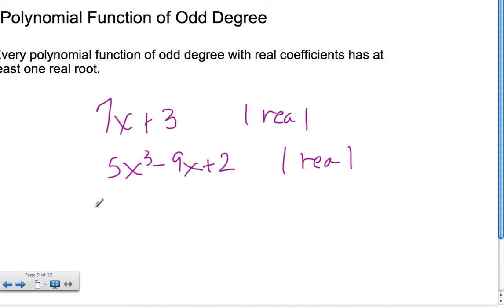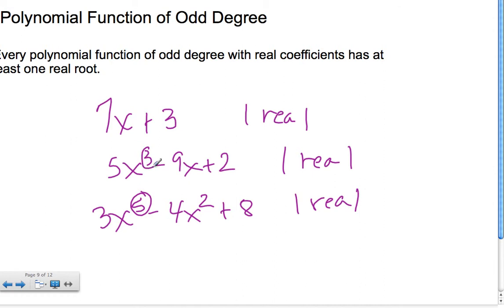If I have 3x to the 5th minus 4x squared plus 8, it's going to have at least one real root. I'm getting that from these because the exponents on my lead terms are all odd. They are all odd functions.